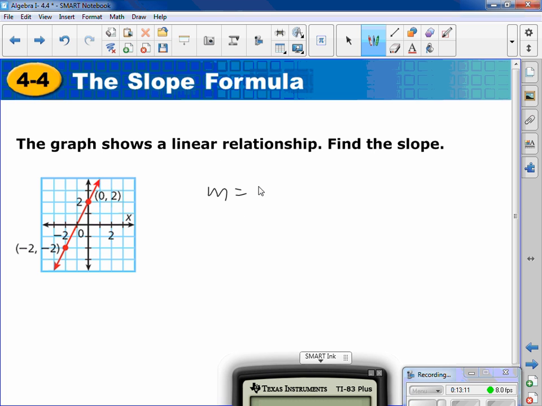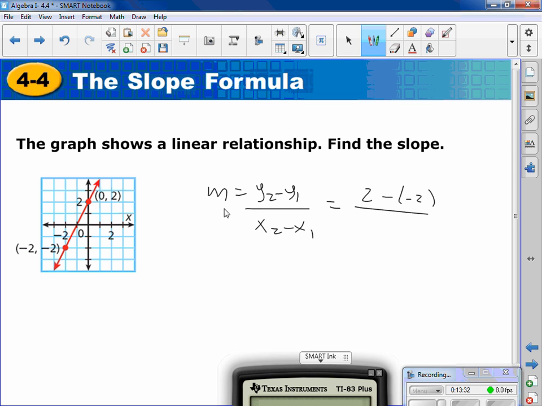M equals y2 minus y1, x2 minus x1. Give me a y value from these 2 points. 2. All right, if this one's 2, the other one has to be -2.